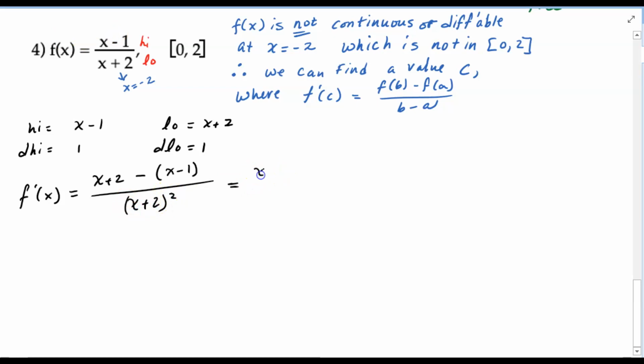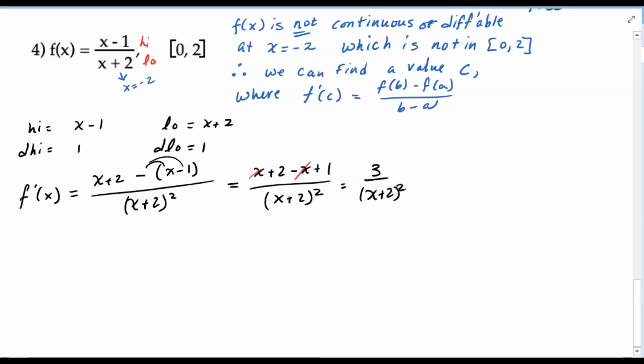We end up with x plus 2 minus x minus 1 over x plus 2 quantity squared, and the x's cancel, and actually this is plus 1 now that I see it when you distribute. So we end up with 3 over x plus 2 squared. All right, that's my derivative.